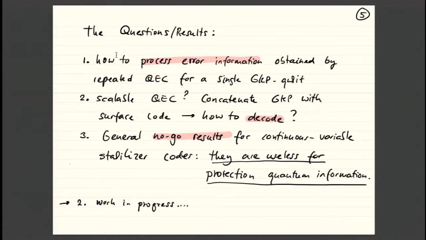This is related to the Surface-GKP code, where the fact that it has a threshold is a much more subtle issue, and how to decode is also a much more subtle issue. This is relevant because we use models where we say we have qubits with X and Z errors. But if you look at superconducting qubits, they're not qubits, they're anharmonic oscillators.